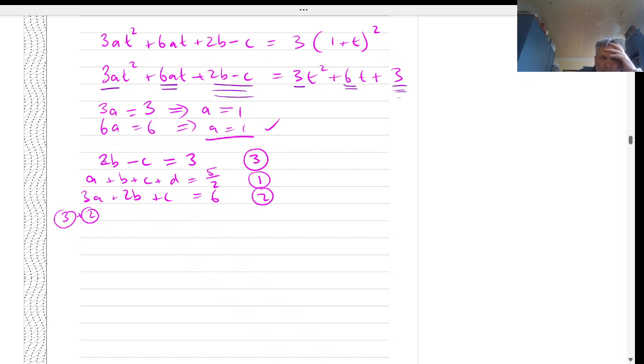So 3 times a, but as we noted a was 1, plus 2b plus 2b, minus c plus c, that's 0, is going to be equal to 3 plus 6 is 9. That means 4b has to be 6. That means b has to be 6 divided by 4, which is 3 over 2.